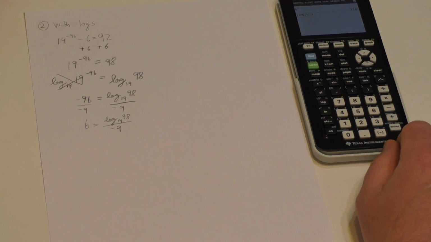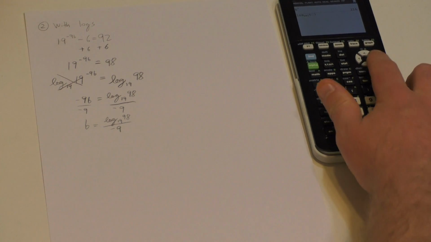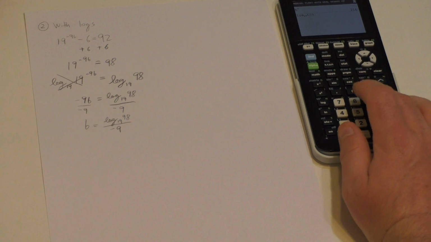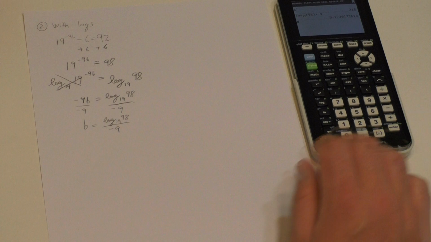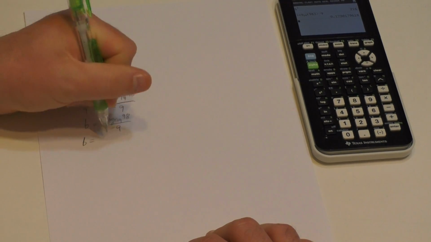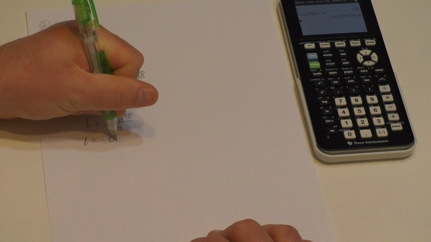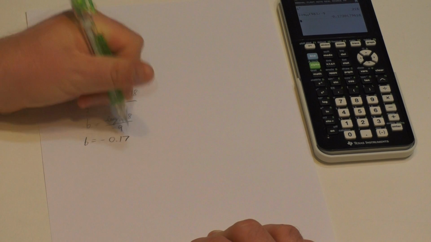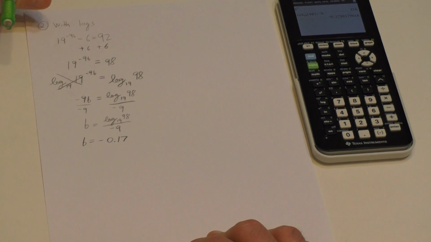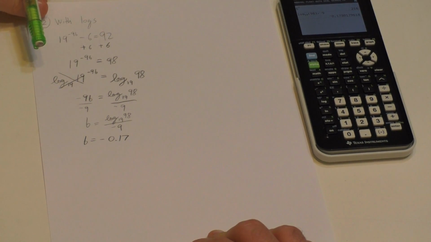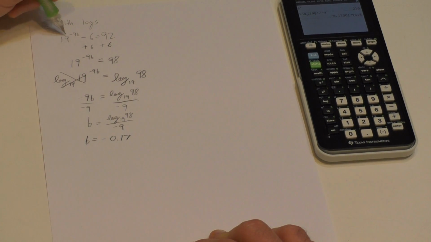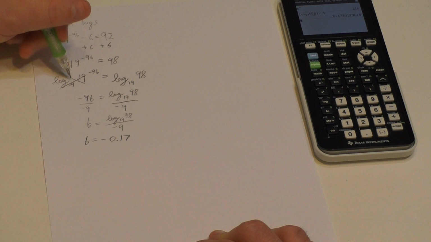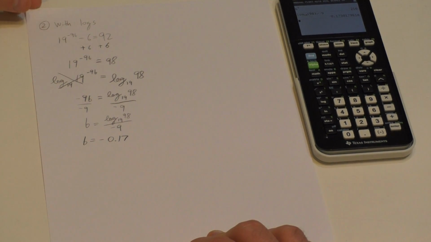So there's log base 19 of 98, and I'm just going to divide that by negative 9, and this is approximately negative 0.17. Okay, so that's with logs, and this will always work as long as you use a log with the same base as the exponential, they'll cancel out because of the properties of inverses.